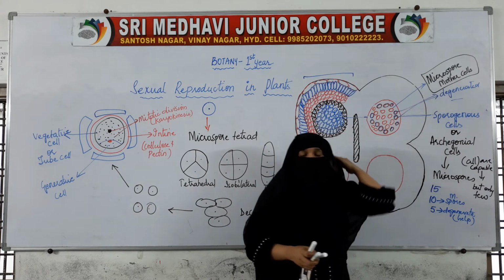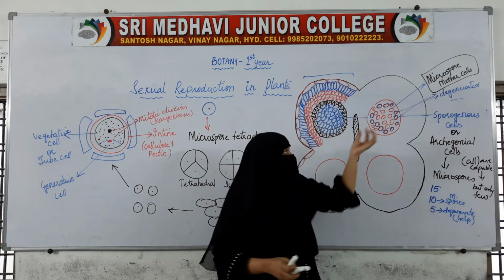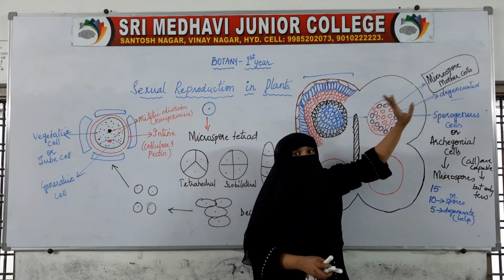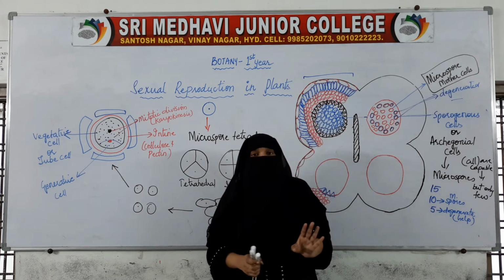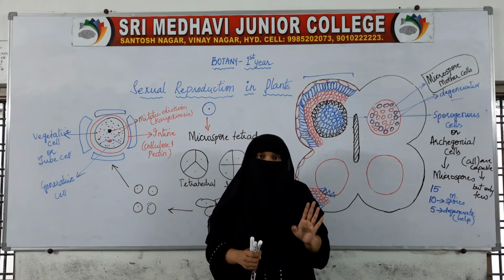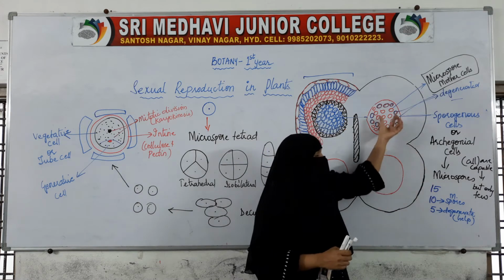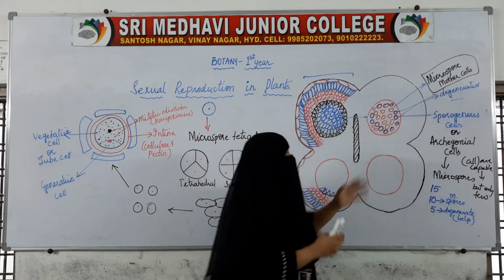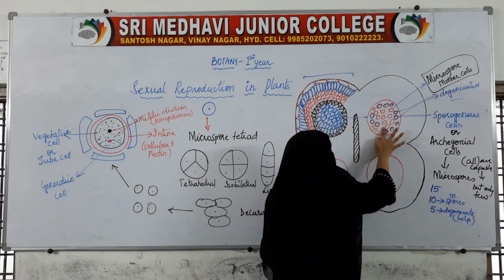Okay, out of all the sporogenous cells, the ones which will be producing microspores are called microspore mother cells, and the rest of the cells will degenerate. Now out of all this, I am removing these blue color ones.